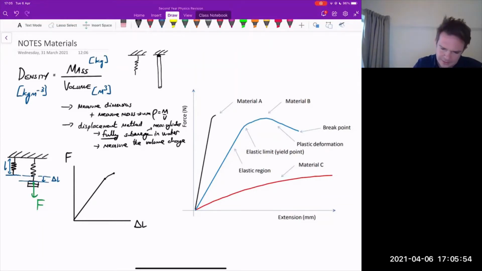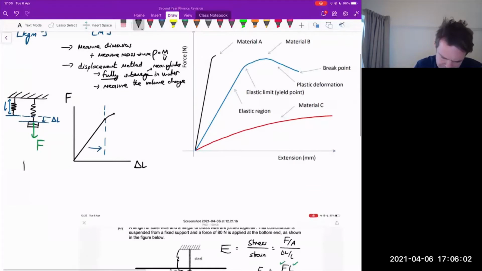So initially we get a straight line through the origin. So this indicates that force is directly proportional to the extension.